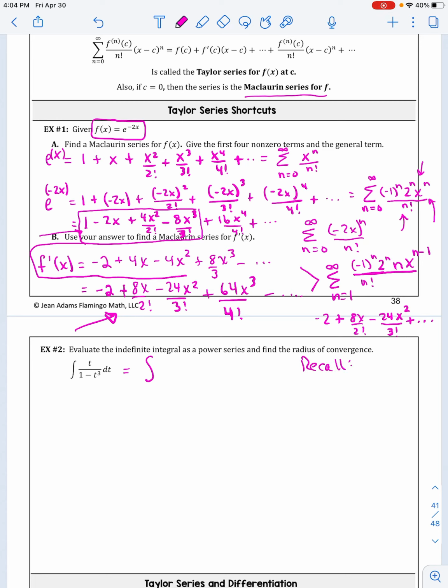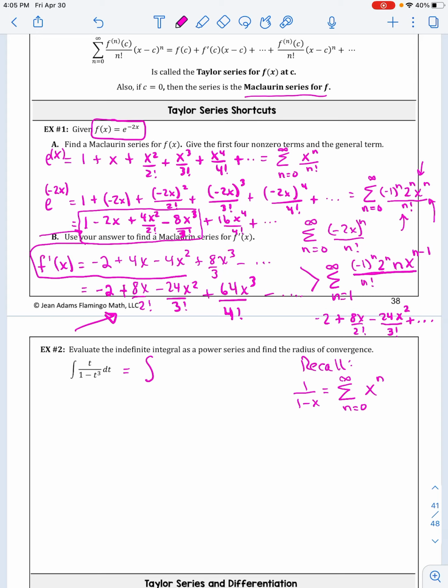So what we want to think about is our integral. Well, first we need to recall that 1 over 1 minus x, and these are in your calculus book, there's a few of these Maclaurin polynomials that they want you to just kind of memorize.